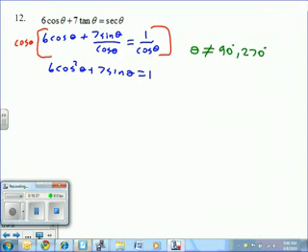Okay? Now this problem is exactly like the problem we just did. We've got a cosine and sine, but we've got a cosine squared here, so I can take the cosine squared and change it to what? 1 minus sine squared. I'm also going to go ahead and subtract the 1 over now because I know I'm going to have to do it.